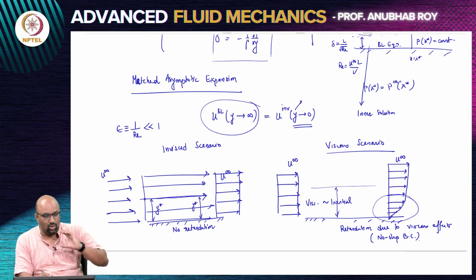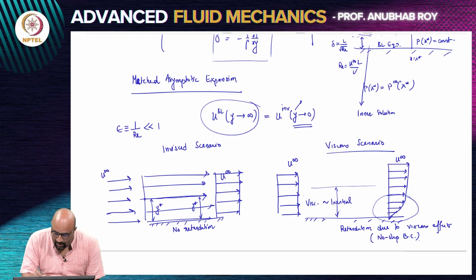There is a uniform stream which is coming over a horizontal plate. The uniform stream remains unchanged, which is why if there is a fluid parcel that was at a height y star at the inlet, it would also be at the height y star anywhere else further downstream. There will be no change, there will be no deflection to its motion.